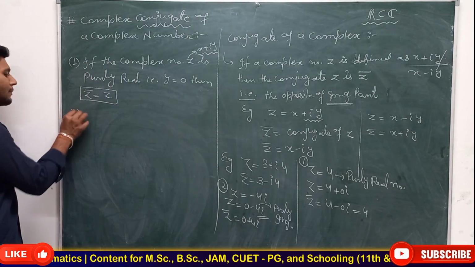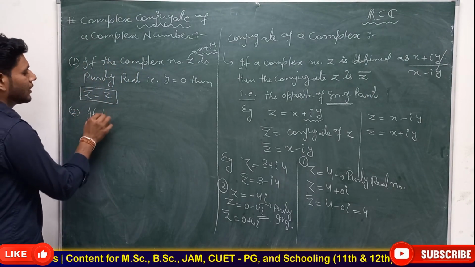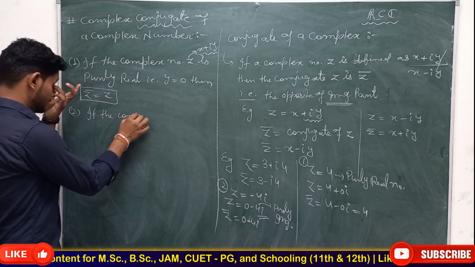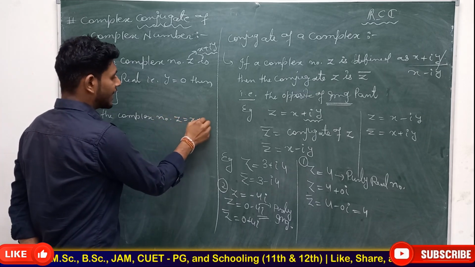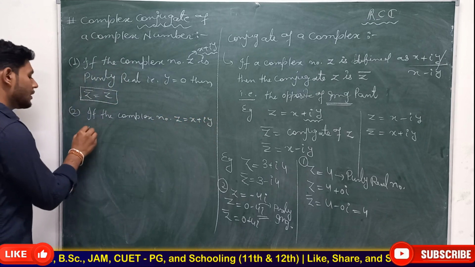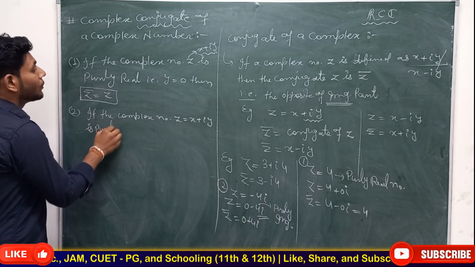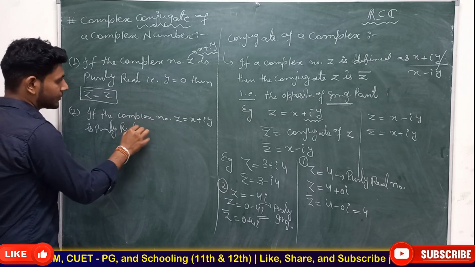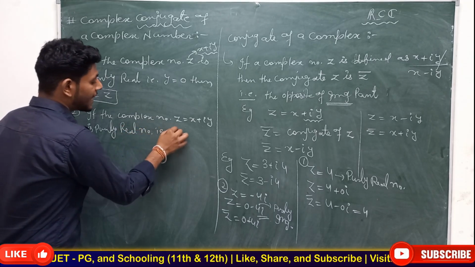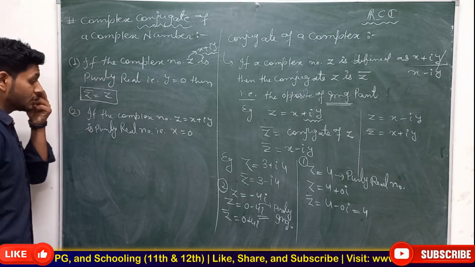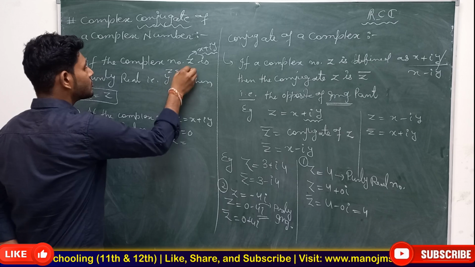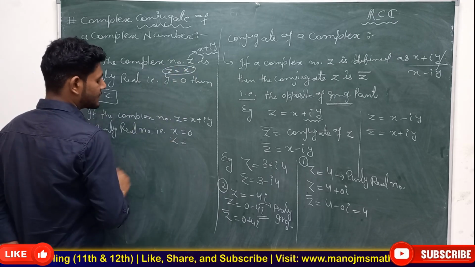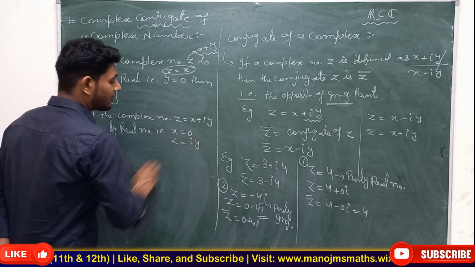Now what can I conclude from this? So this will be the second property. If the complex number z is nothing but x plus iota y is purely imaginary number, it means x is equal to 0. So in this case z is equal to iota y.